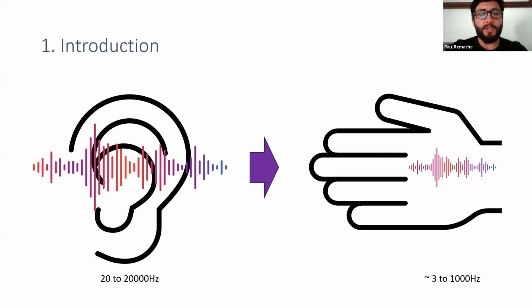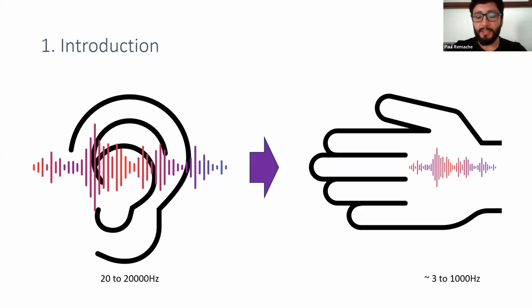But when we convey vibrations through the sense of touch, through the skin, we can only feel vibrations from approximately 3 hertz up to 1,000 hertz. So when we render music, which is designed for the ear, to vibrations, a lot of information is lost.